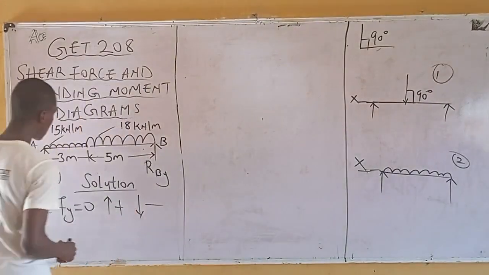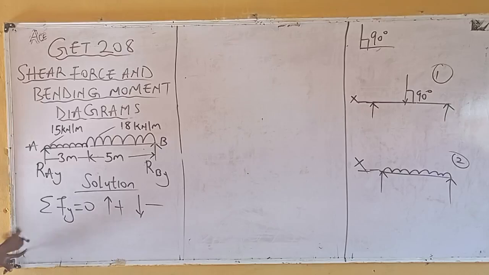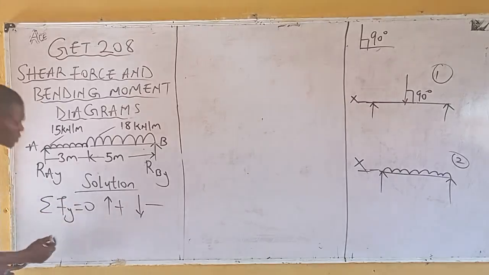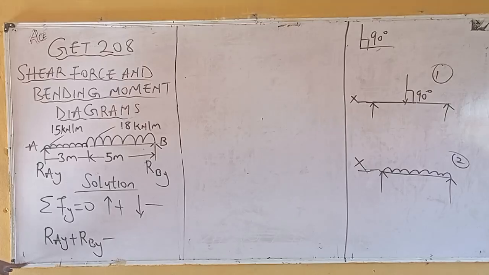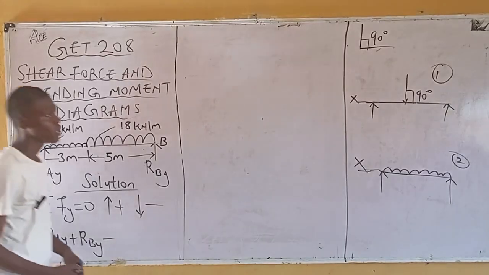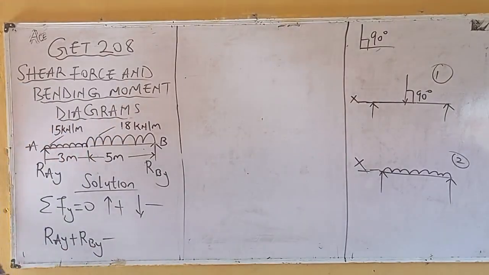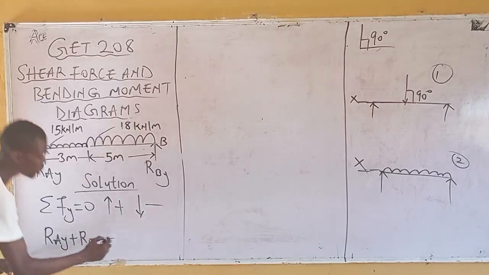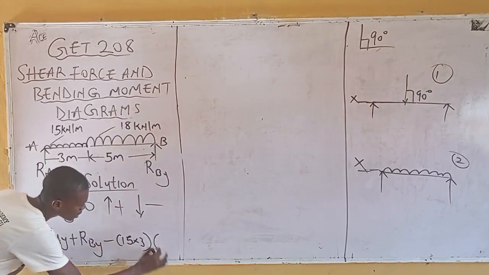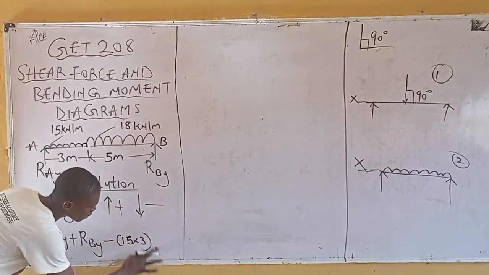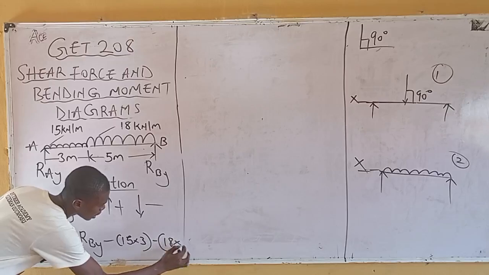Alright, let's do that. What do we have? Meaning I have what? RAY plus RBY minus 15 times 3 minus 18 times 5.